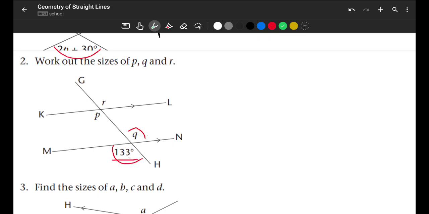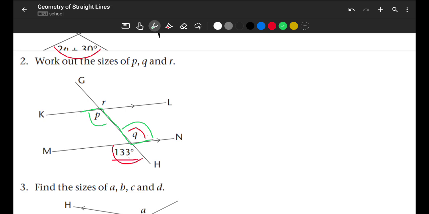Now what else can I do? Can I look for a Z here? For a Z, for alternate angles, this one here does not work. Wrong angle. Let's try the other way around. This one here, well, that's still a Z. So that and that.